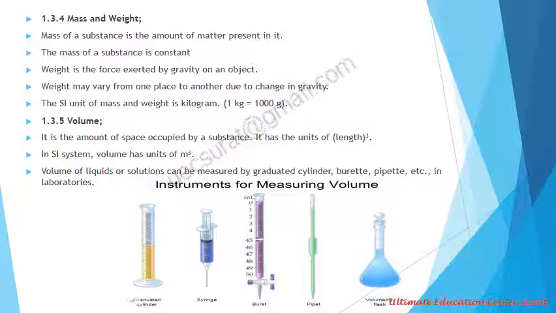If the bottle is put on the table, then it occupies certain space, and that space includes the width, the length, and the height. This much space the bottle occupies on the table is called the volume of that object.